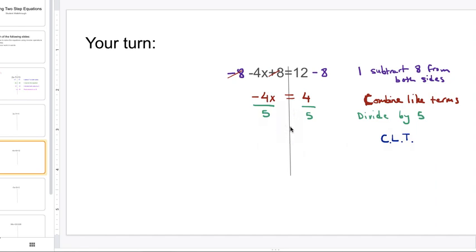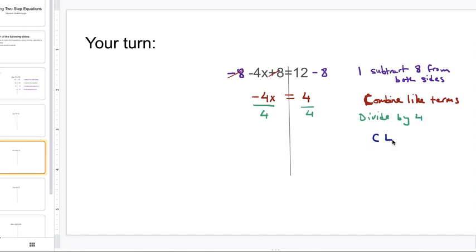Oh, I don't know why I'm dividing by 5. That was silly of me. Let's divide instead by 4, which would be far more appropriate. Divide by 4. It's clearly too early on the snowy morning.